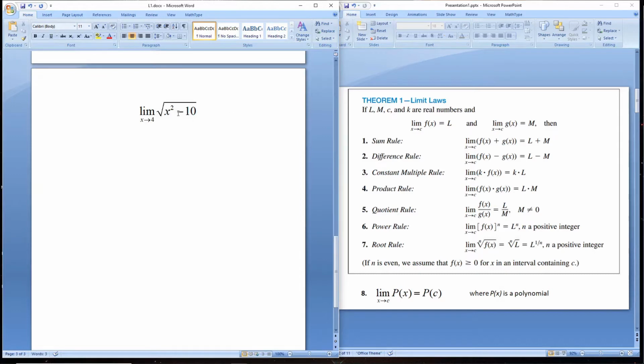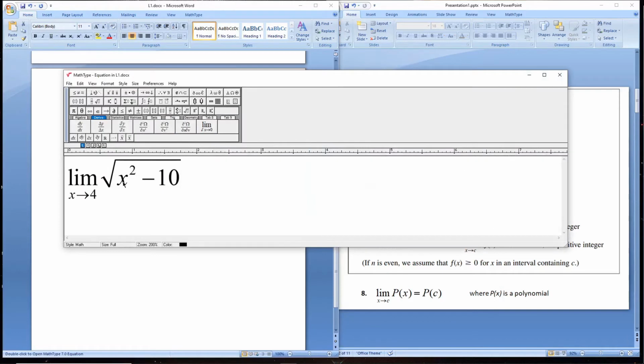Square root. Now, very important going forward into calculus that you understand that the square root means raised to a power of a half. So the square root symbol means raised to a power of a half.